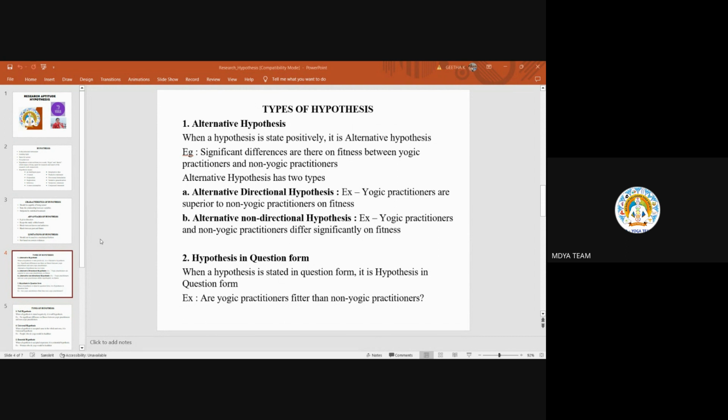And the second thing is hypothesis in question form. Generally, in research, they don't allow hypothesis in question form. When you are writing a hypothesis in your research, they won't allow it in a question form. For example, are yogic practitioners fitter than non-yogic practitioners?